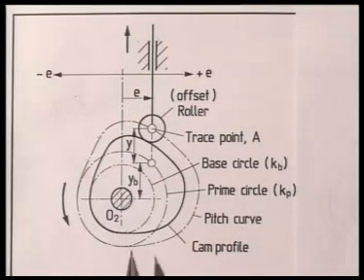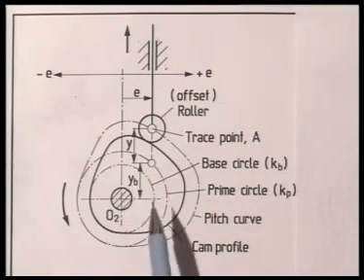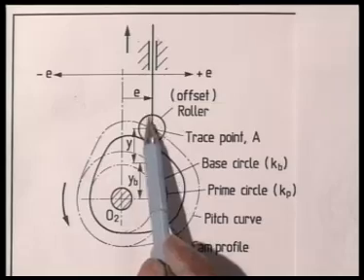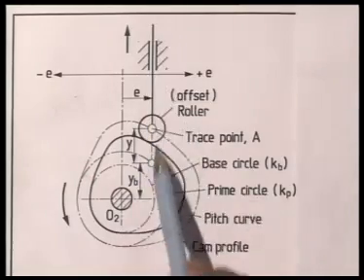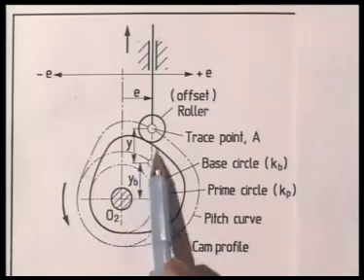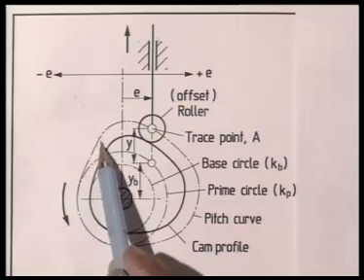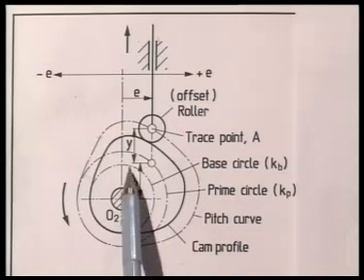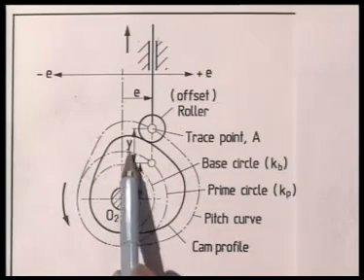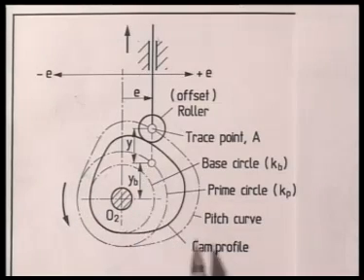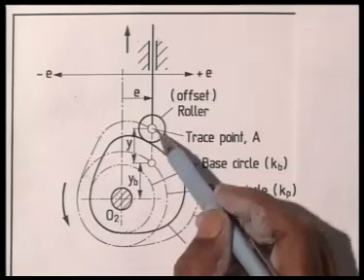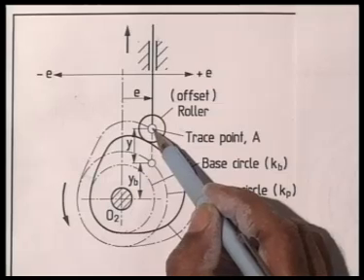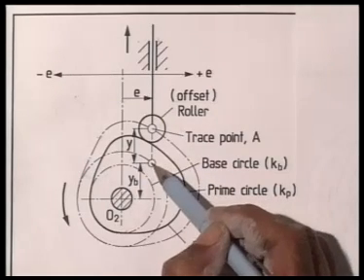Let me now repeat what we have explained just now, that we are talking of a roller follower which is translating. This is the cam profile, this is the pitch curve, this is the base circle, and this is the prime circle. As we know, the lowest point that the roller center can come is here.